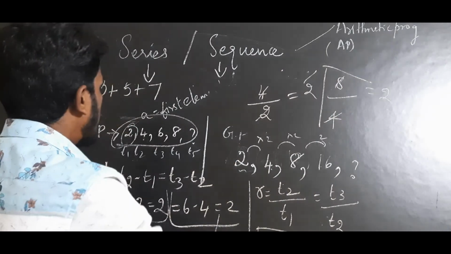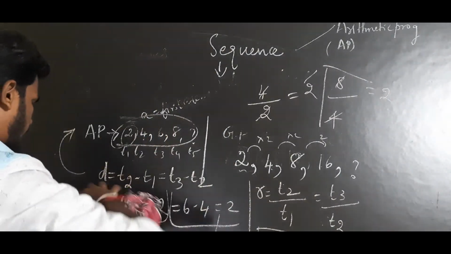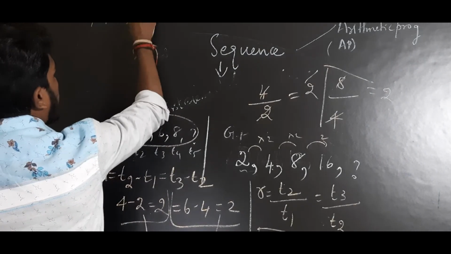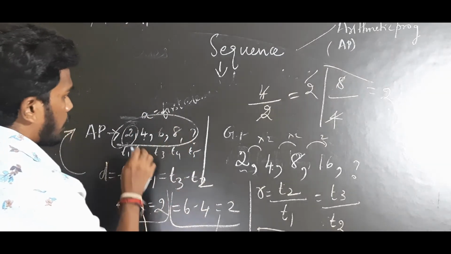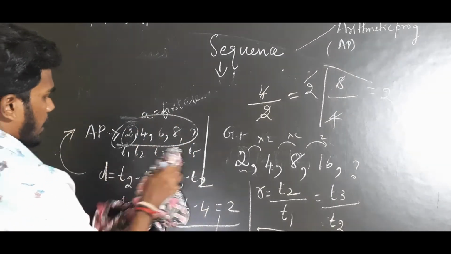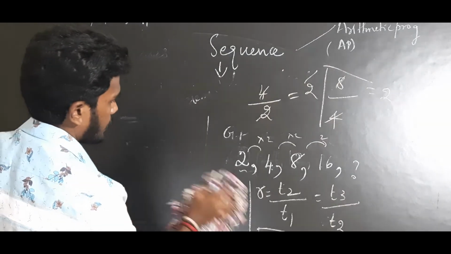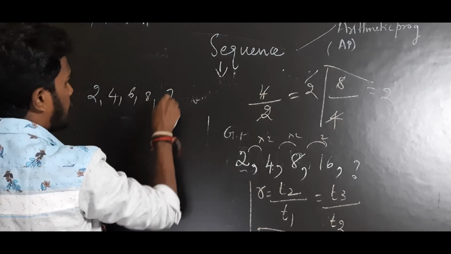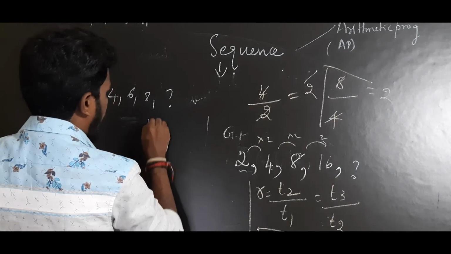So how the sequence flows in AP format is that we have a predefined formula to calculate the nth term. Like if I have to calculate my fifth term in 2, 4, 6, 8. If I have to find my fifth term, my n will be 5.